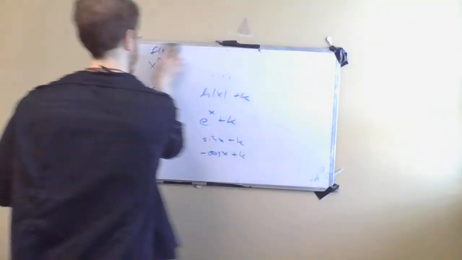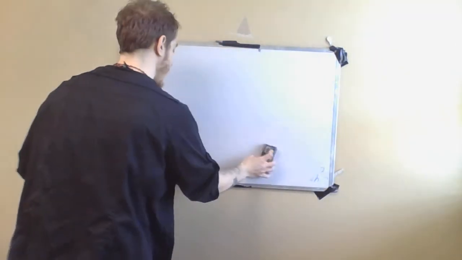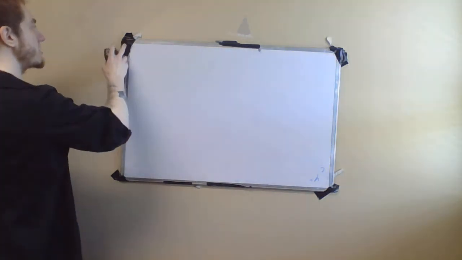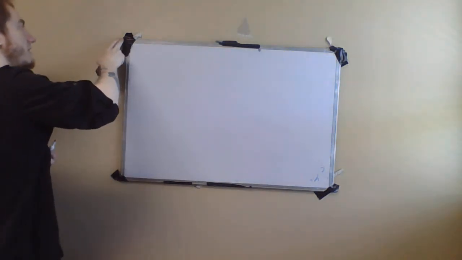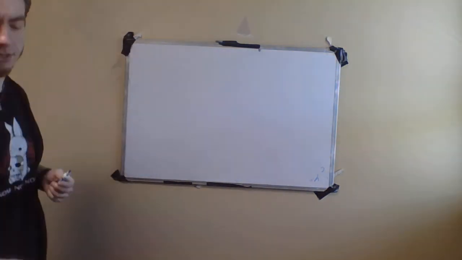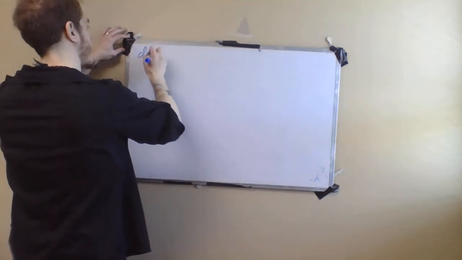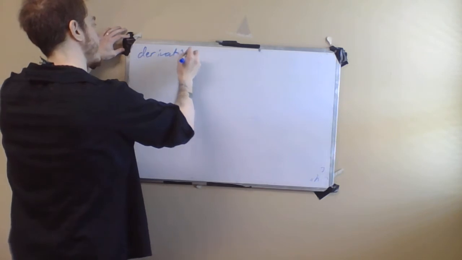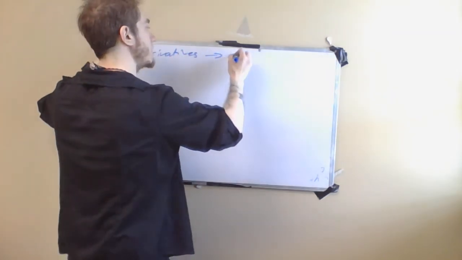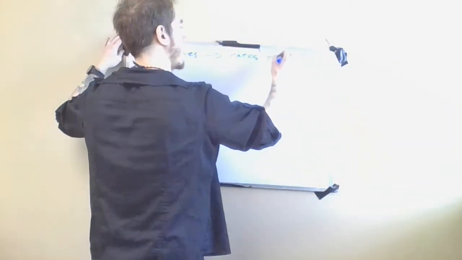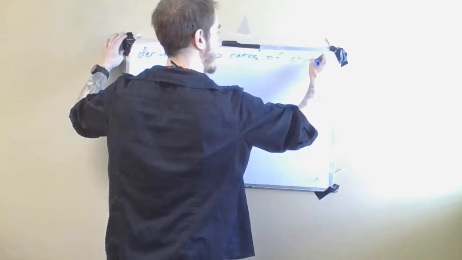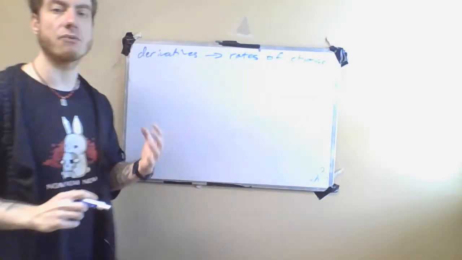Now, why do we care about antiderivatives? Well, the reason we care about antiderivatives is kind of the same reason we care about derivatives themselves. Derivatives are actually rates of change. At least that was our idea for them, right?